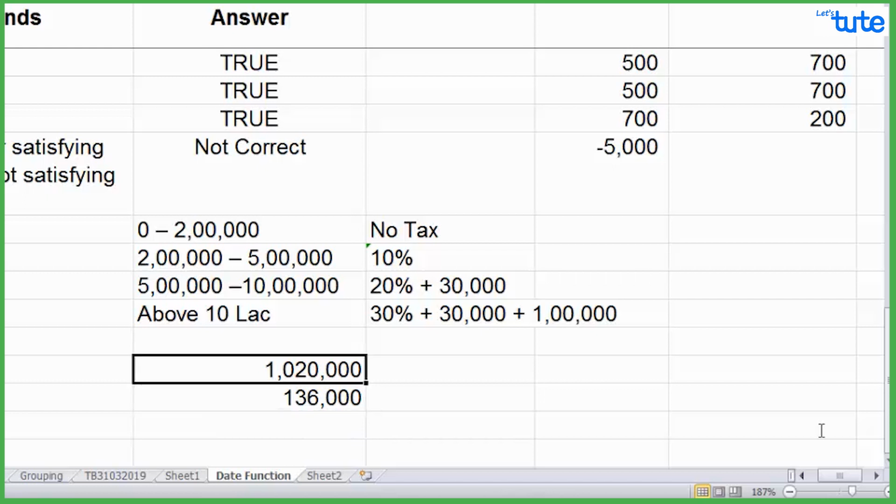So if income is 2 lakh, then tax is 0. If income is 2,30,000, then tax will be 10% on the amount above 2 lakh.